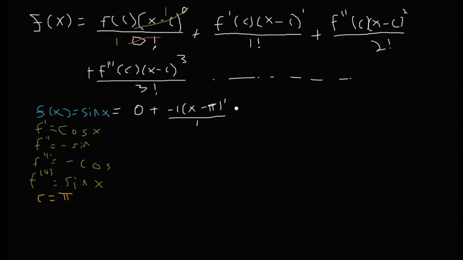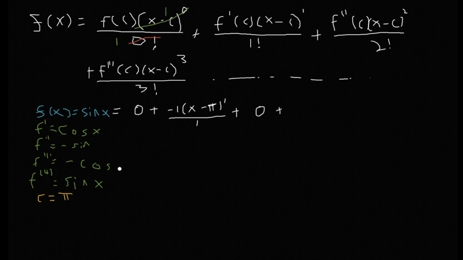And then we go to the next term, we say f double prime is negative sine, and that's just 0, so we just have 0 over here. And then we have f triple prime, which is negative cosine. So negative cosine of pi.